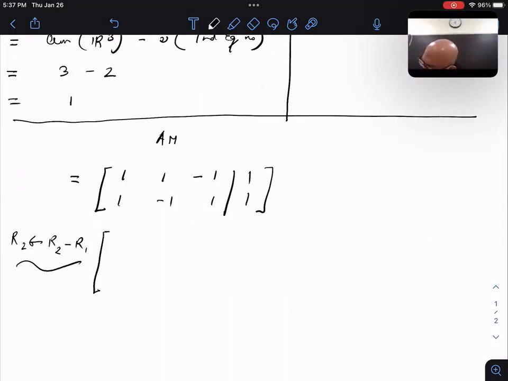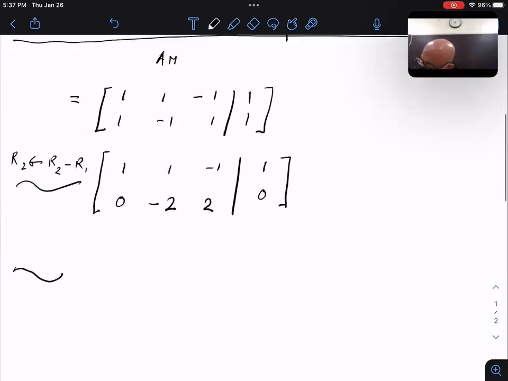So that gives me 1 minus 1 is minus 2. 1 minus minus 1 is 2. 1 minus 1 is 0. So that means now I can replace row 2 with half row 2. So that means we have 1, 1 minus 1, 1, 0 minus 1, 1, 0.